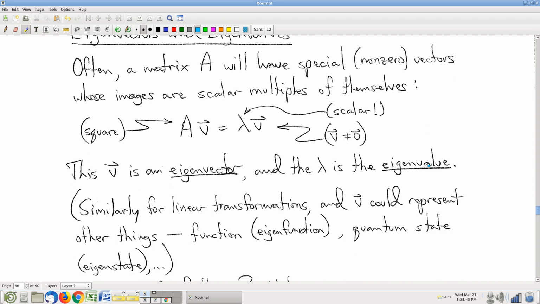Also, just a quick cultural point. This verbal construction of putting the prefix eigen in front of stuff, people have taken it and run with it. There are many other situations like this, where maybe instead of multiplying a matrix times a vector, you're applying a linear transformation that isn't a matrix to a vector. Or maybe you're writing down certain kinds of differential equations. Or maybe you're doing quantum mechanics and you're looking for functions that satisfy Schrodinger's equation.